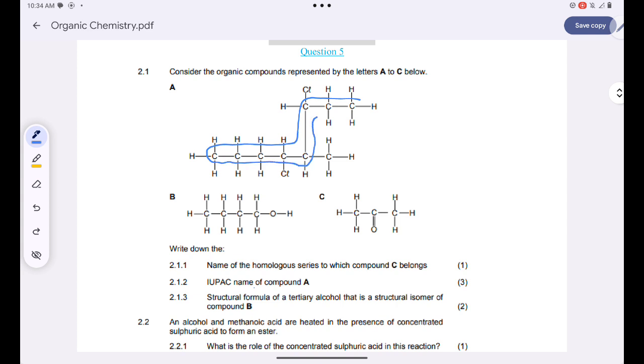This is our longest chain altogether. And since I have both side chains and the halogen, I must start counting from the terminal carbon that is closer to the side chain or the halogen altogether.